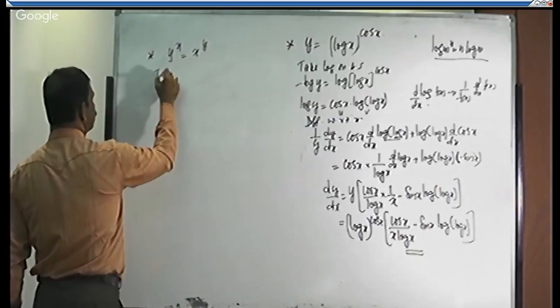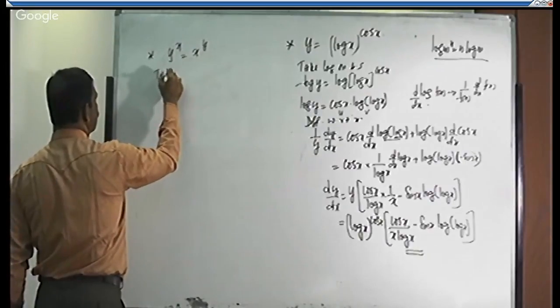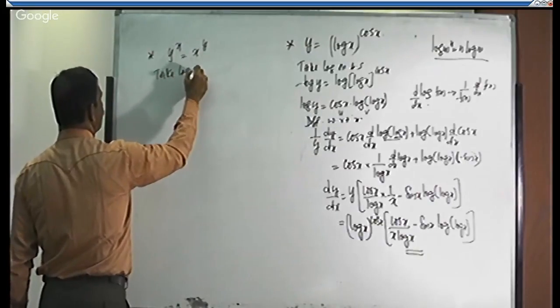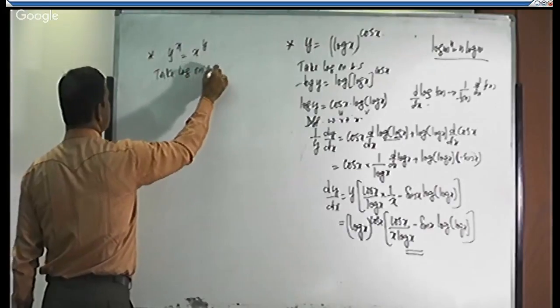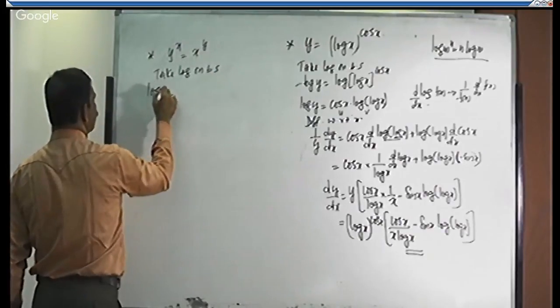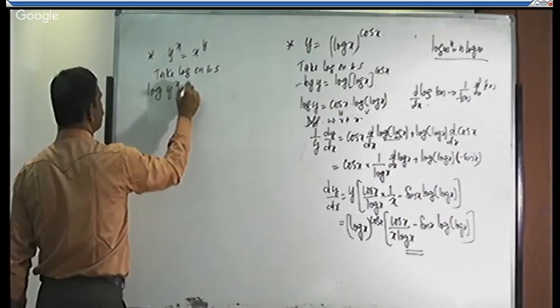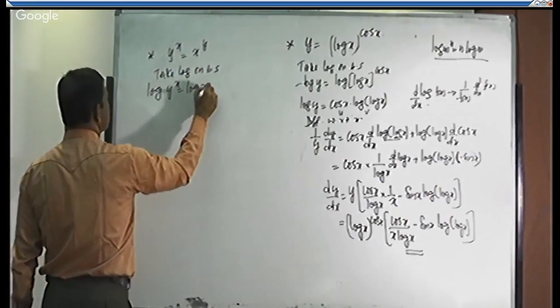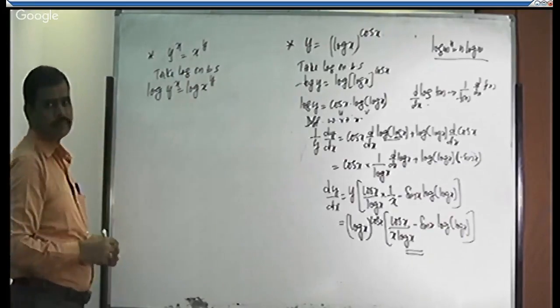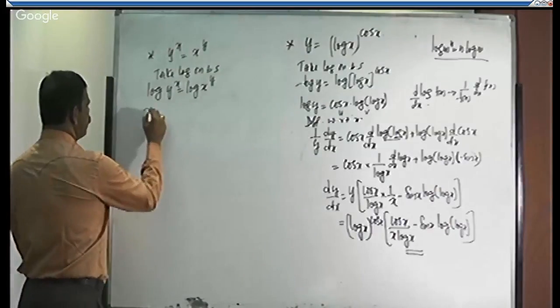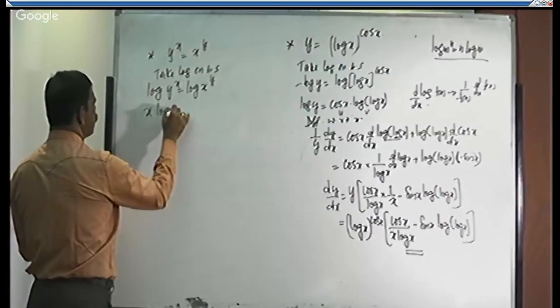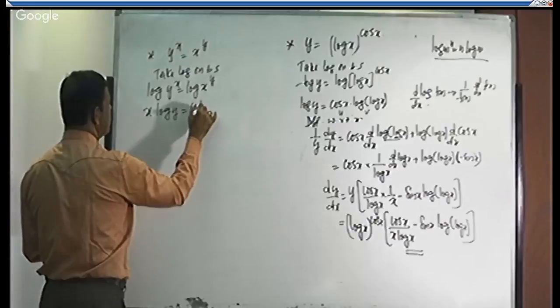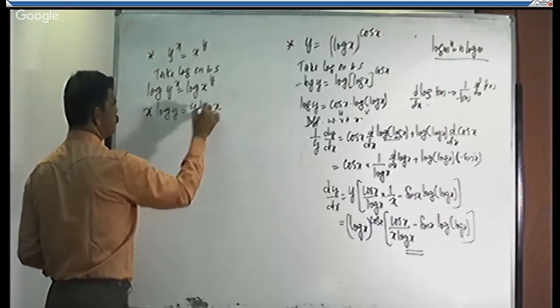Then make this differentiable by taking log on both sides. That is log of y to the power of x is equal to log of x to the power of y. x into log y is equal to y into log x.